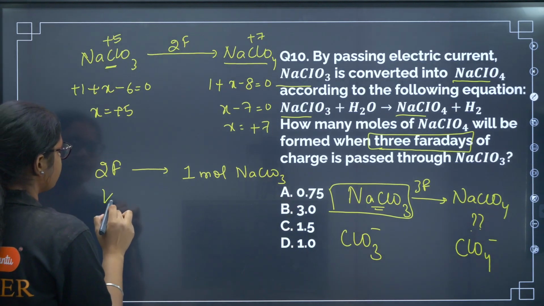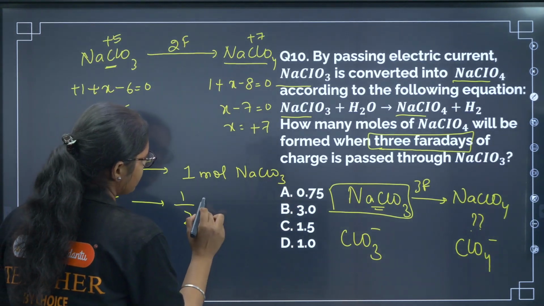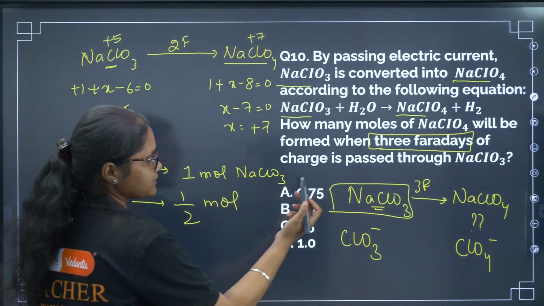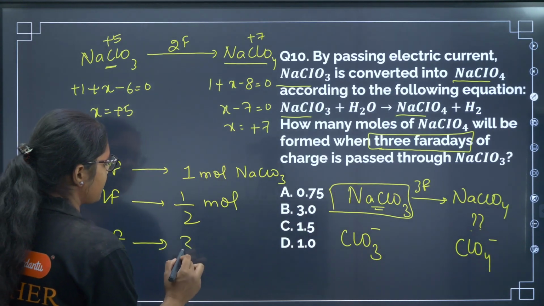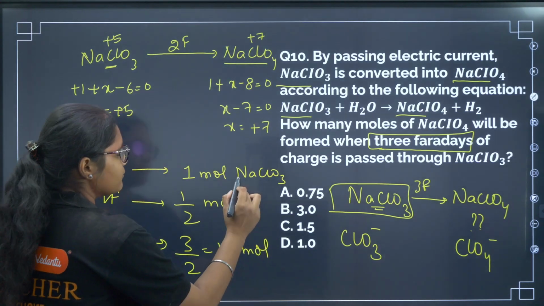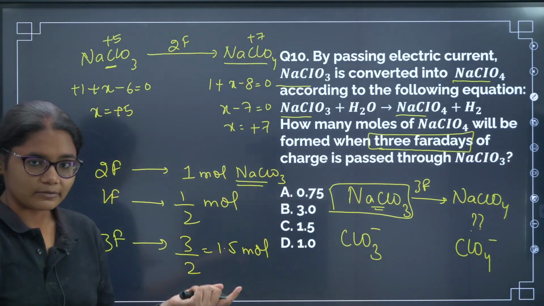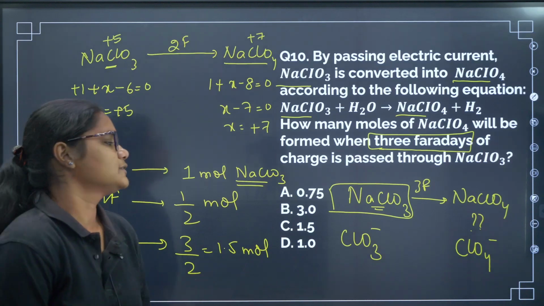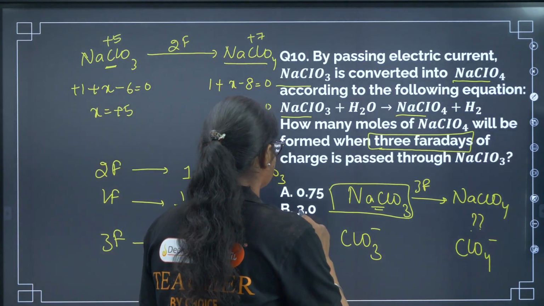Now if you use 1 Faraday, it will be half mole, right? According to the question it is 3 Faraday, so for 3 Faraday we will require 1.5 moles. So when 1.5 moles of NaClO3 are converted, 1.5 moles of NaClO4 will be formed. So the correct answer for this question is option C.